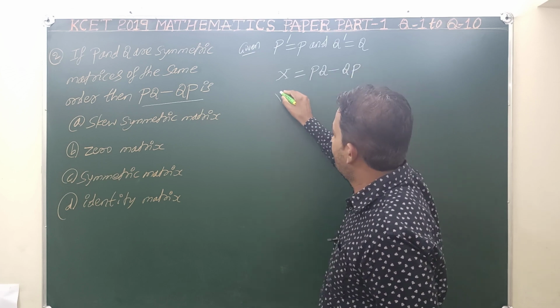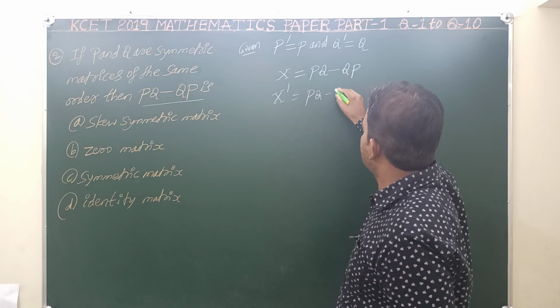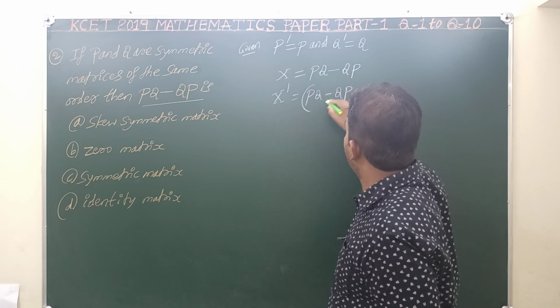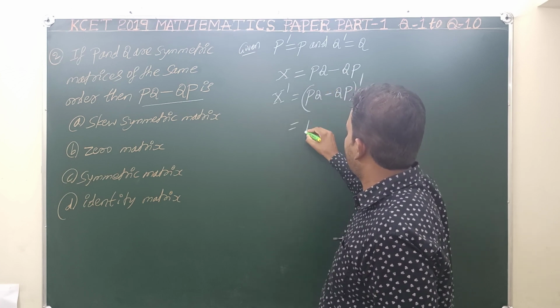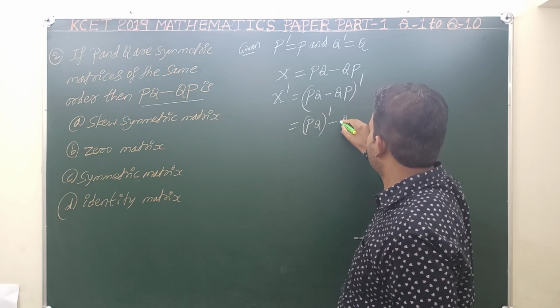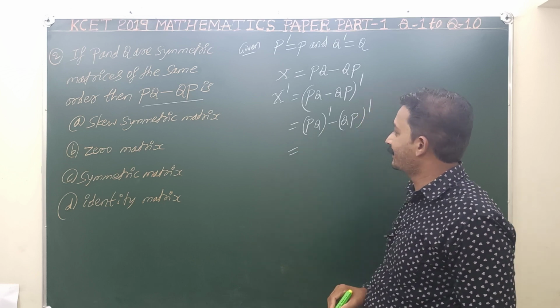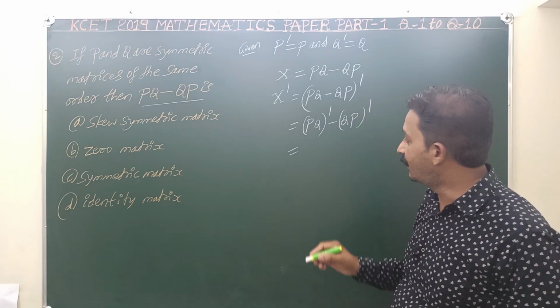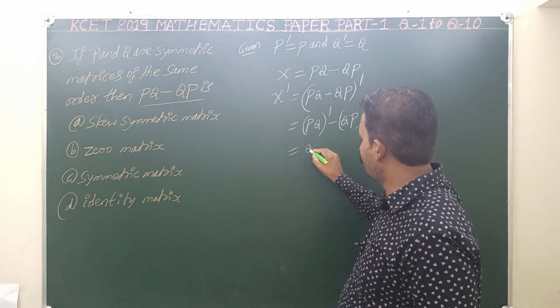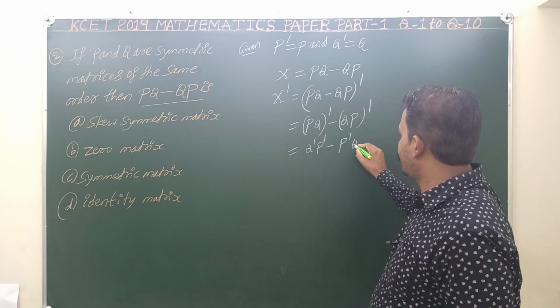Apply transpose on both sides. PQ minus QP whole transpose becomes, according to the properties of transpose, PQ whole transpose minus QP whole transpose. Once again applying the properties of transpose, PQ whole transpose becomes Q transpose into P transpose, minus P transpose into Q transpose.